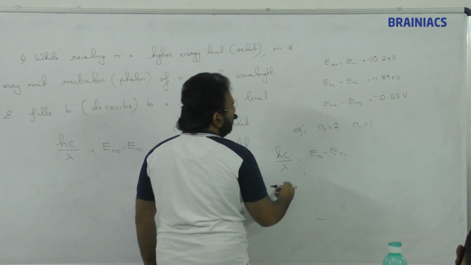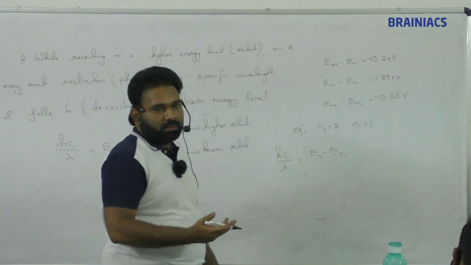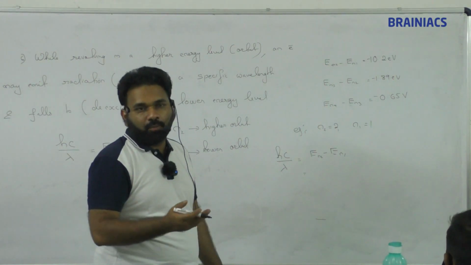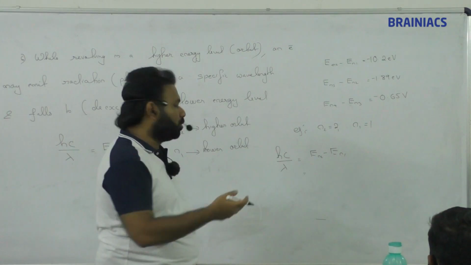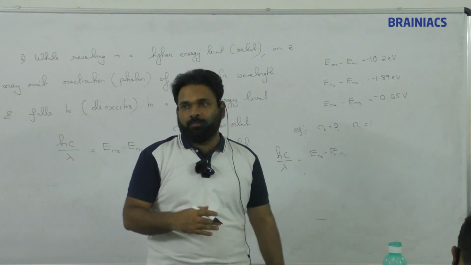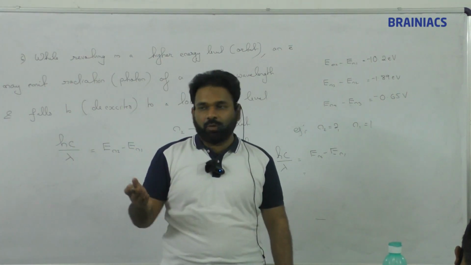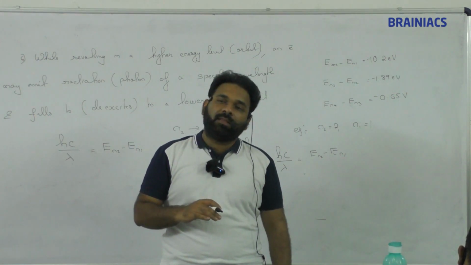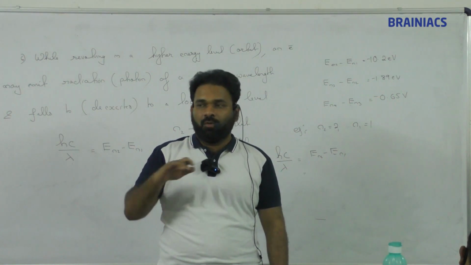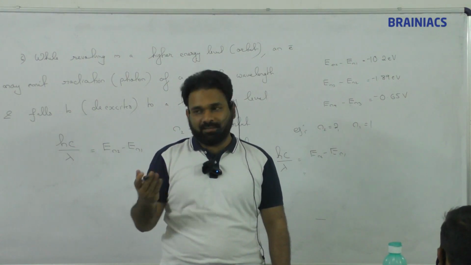Energy of the second orbit we can calculate by putting minus 13.6 into Z square by N square. These are all total energies. For the hydrogen atom, the ground state is nothing but minus 13.6 only.